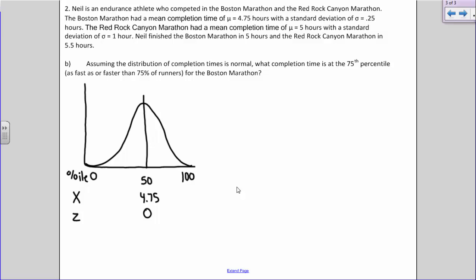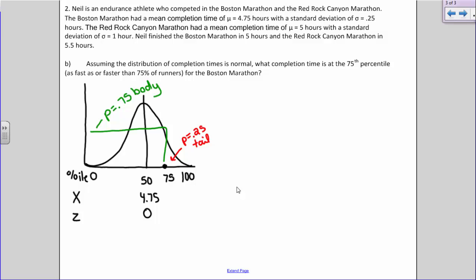So just sketching this out, the 75th percentile would be about here. And that separates the top 25%, or p equals 0.25 in the tail, from the bottom 75%, or p equals 0.75 in the body.